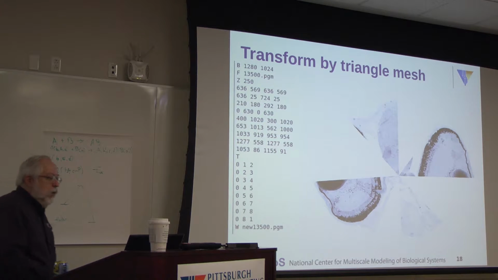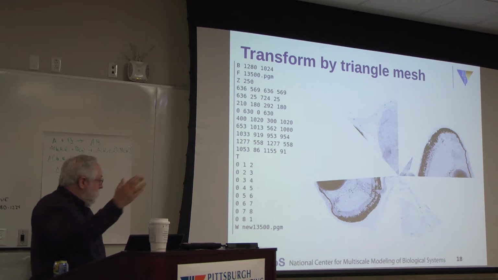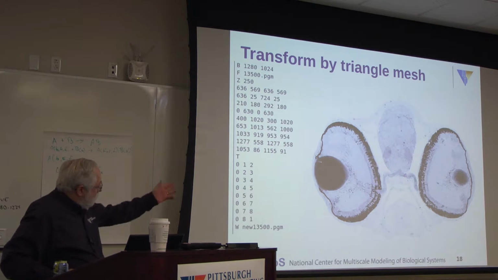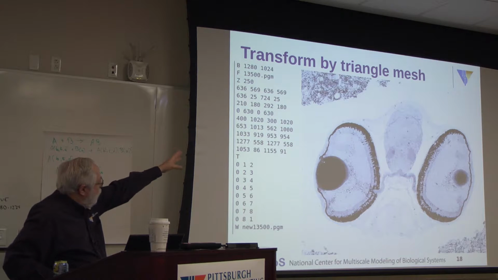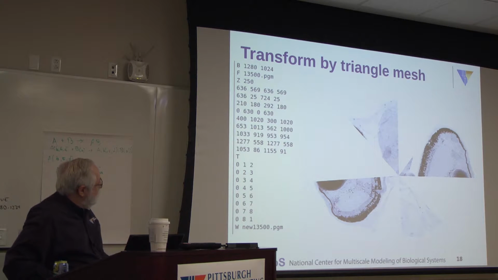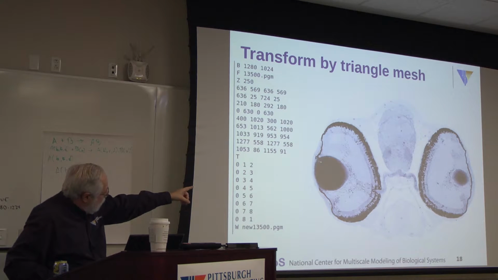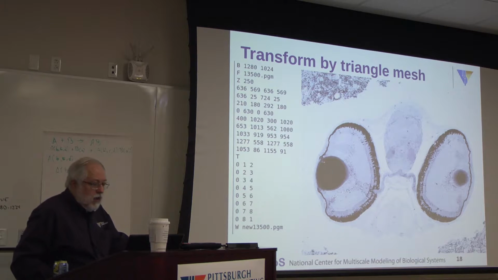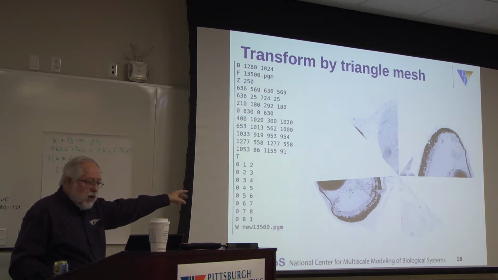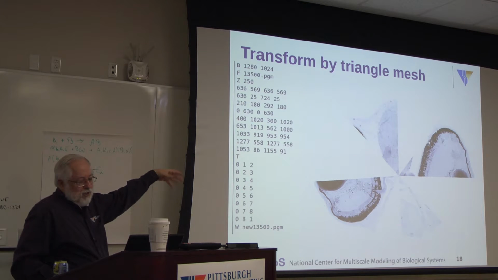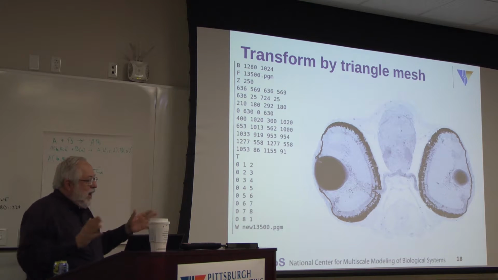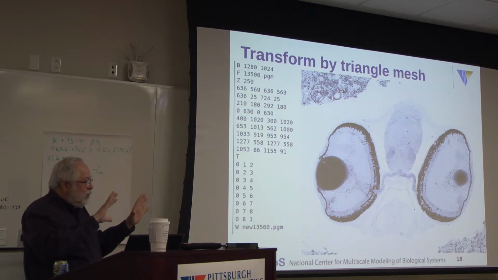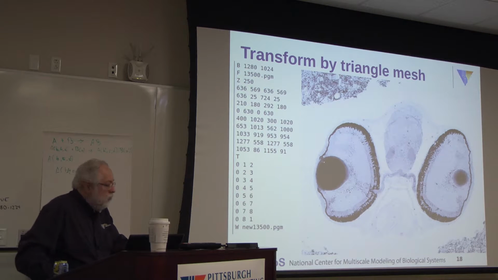Now, when we're aligning data, Greg and I use different methods, but nevertheless, we end up with some sort of a representation of the deformations. In my case, I use a triangulation mesh, and this is showing a cross-section through a zebrafish head in its original form, and then just for graphic display, showing the triangles and bringing this back into sort of a rectified view.